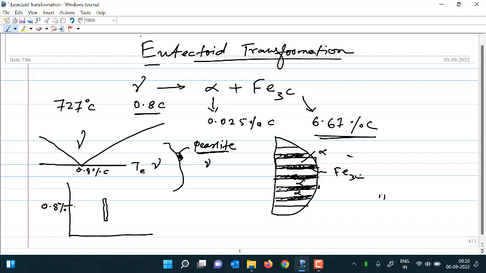So if you come down from here close to this, then the carbon content will decrease, right, something like this. So let us say this is the carbon concentration which is required for ferrite nucleation.